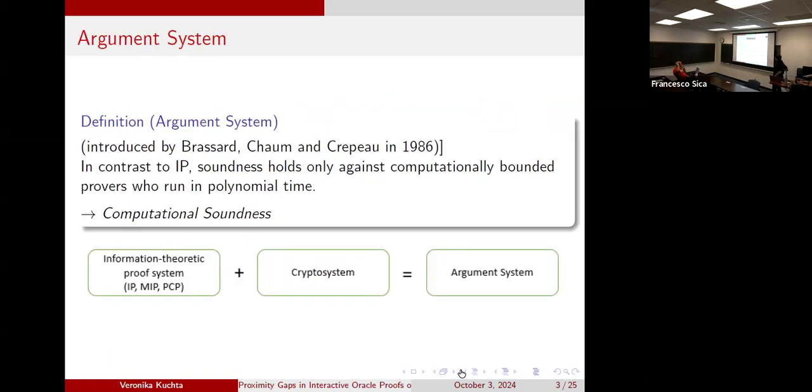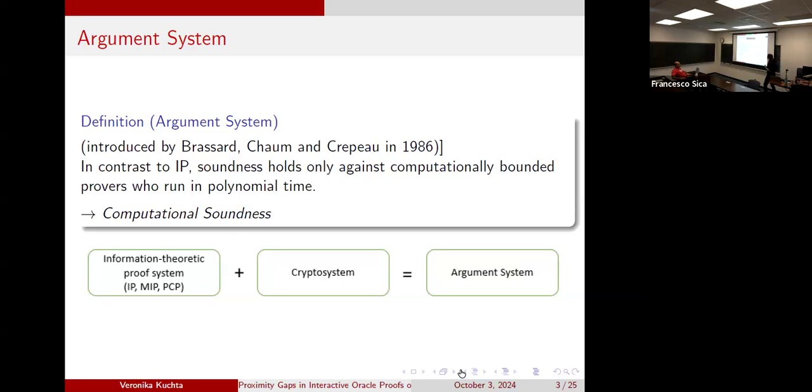And I mentioned earlier, at the beginning when I introduced the title, I mentioned proof systems and then cryptographic proof systems. While in number theoretic proof systems, we assume that the prover can be computationally unbounded, in cryptography we assume that the prover who interacts with the verifier is computationally bounded.